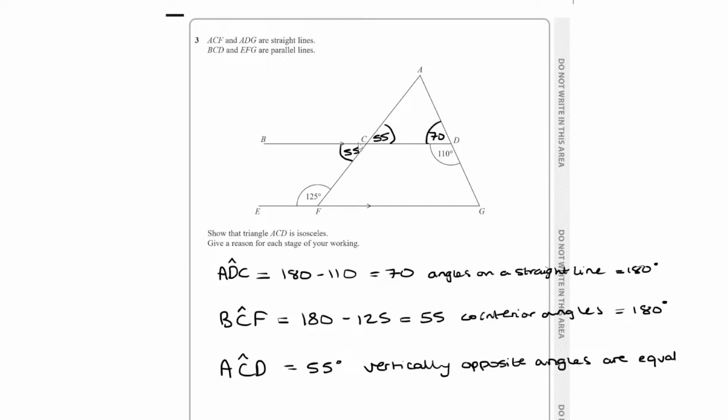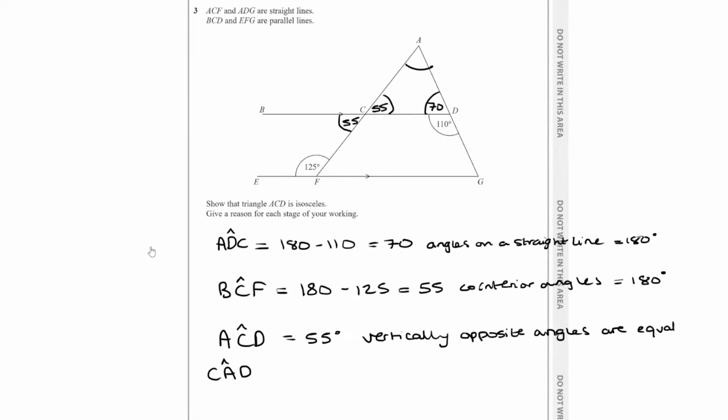Okay, now that we've worked out these 2 angles, I can work out the third and final angle because it's in a triangle, isn't it? So that top angle would be CAD. Angles in a triangle add up to 180, so that's 180 minus both of the others.